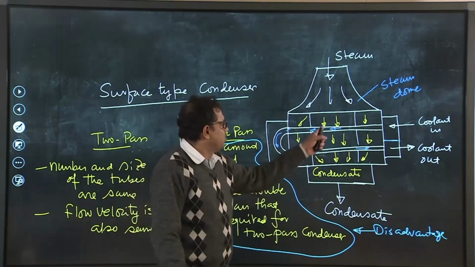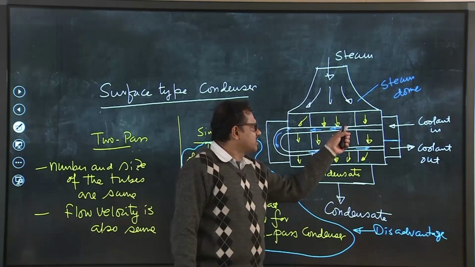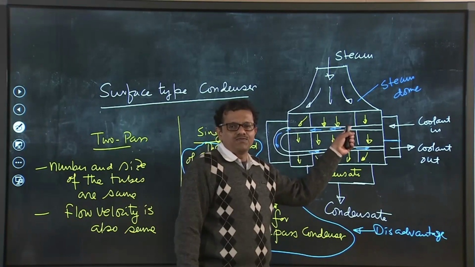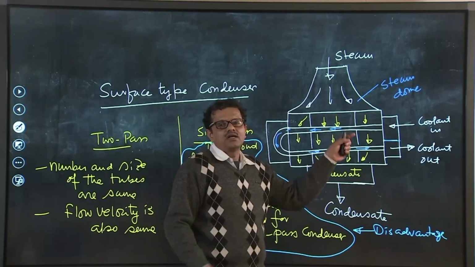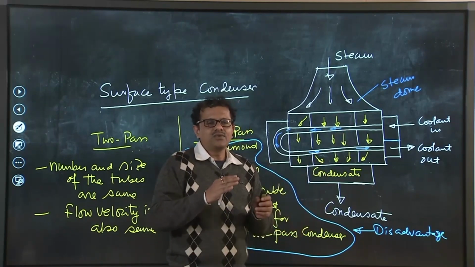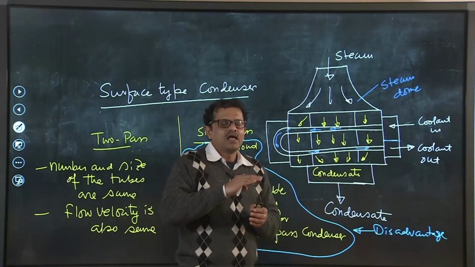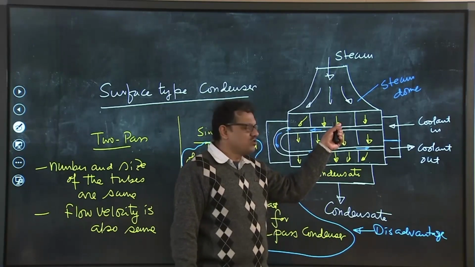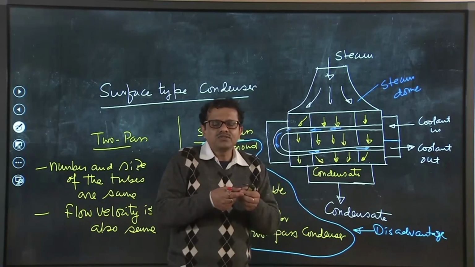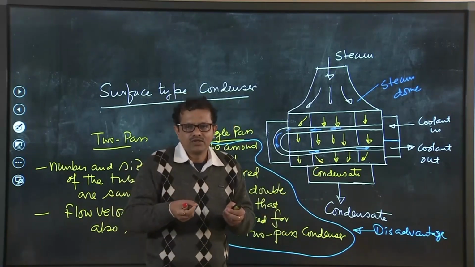One is when steam is in contact with the cold surface of the tube, steam will condense, but since air is non-condensable, that air will create a thin film around the tube surface. So, it will reduce the heat transfer capacity.